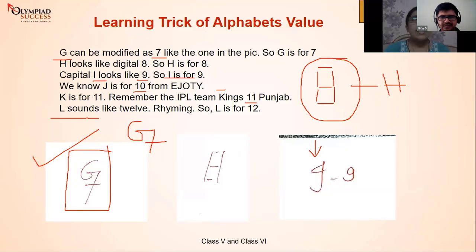So L12. Since both of them are rhyming, say it with me, L12. So since both are rhyming, guys, I can remember that L stands for 12. And this is how we'll proceed with it, guys. Very nice, very easy. Let's have a look at some other alphabets.